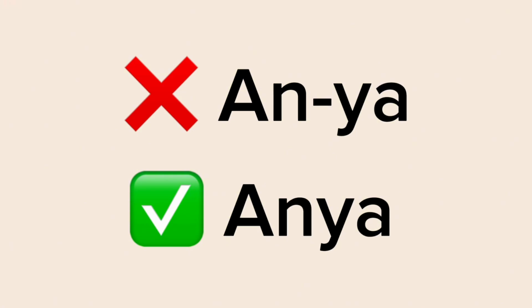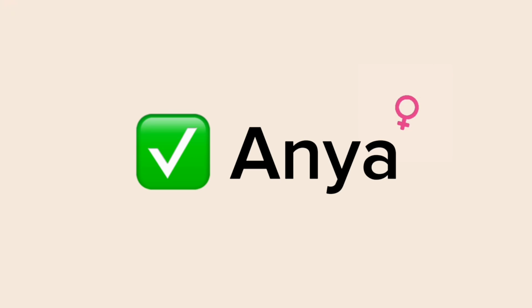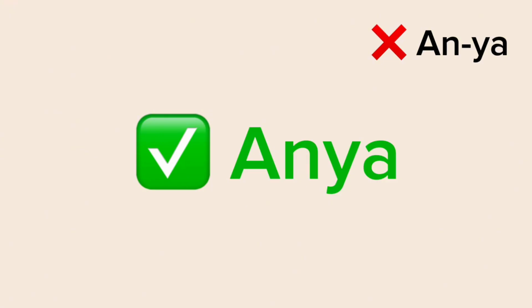Let's learn how to say Anya in Russian. Not "Ah-nya," but Anya. Try it like this. First, say the soft N like you already can.